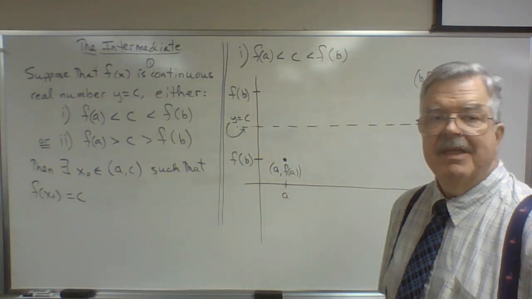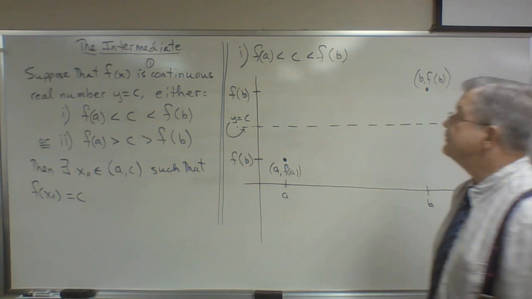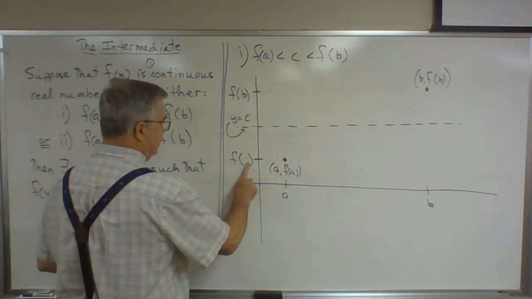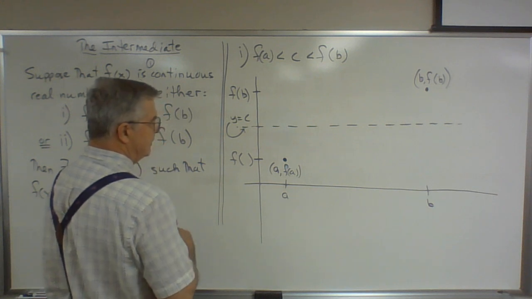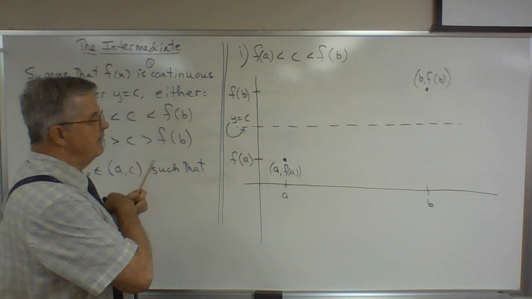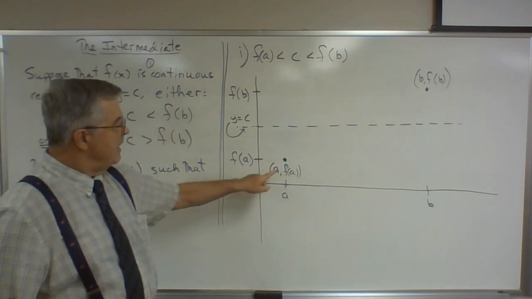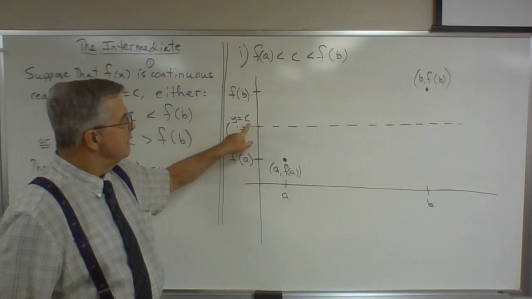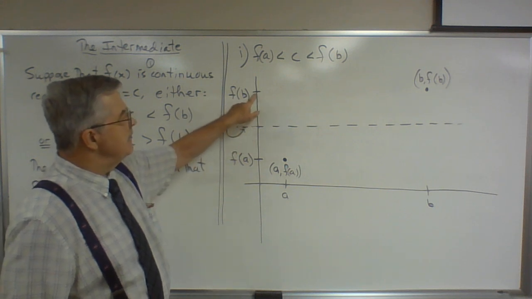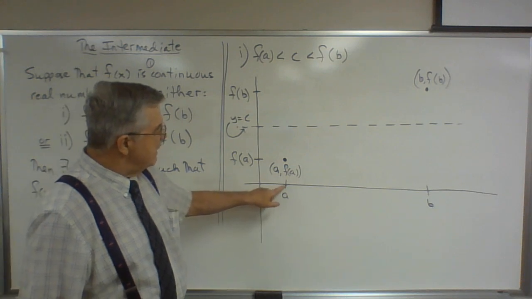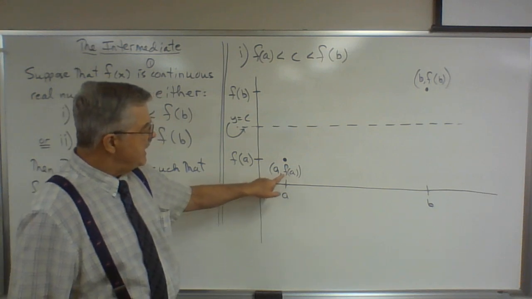Okay, here's the scenario. f of a is less than c, which in turn is less than f of b. Here's the point on the graph of f of x, a, f of a.